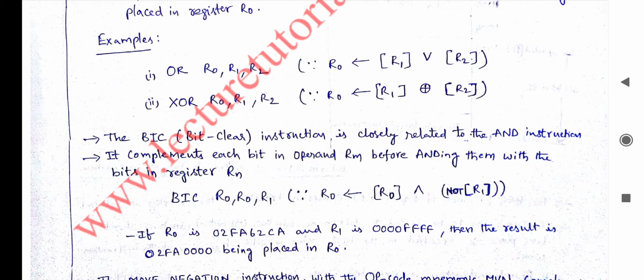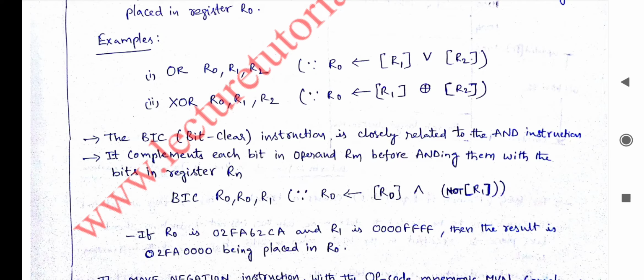Bit clear, BIC R0, R0, R1: first the complement operation is performed on the content of R1, and after getting the result of complementing, the result is ANDed with the content of R0, and the entire result is stored in R0.